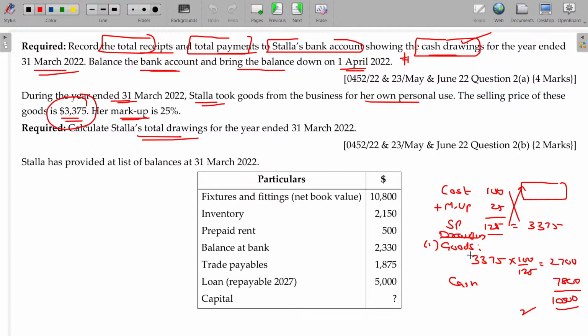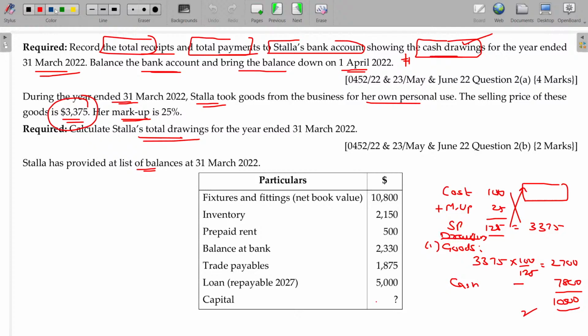Now we got the drawings also. Stella has provided a list of balances like fixtures and fittings, and all balances are there, but capital detail is missing. Now, statement of affairs.